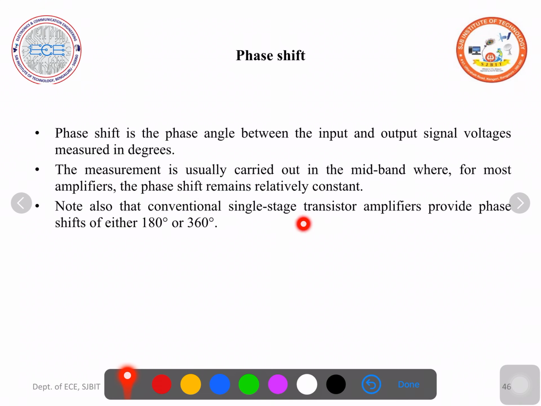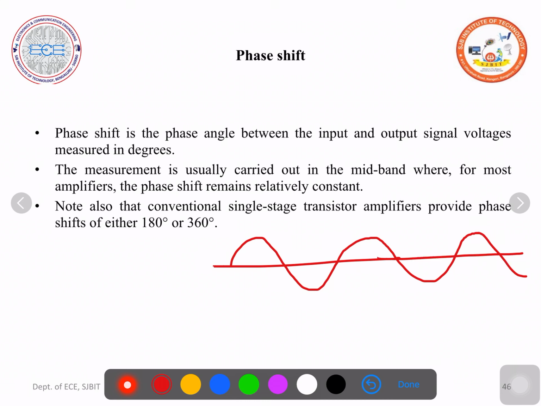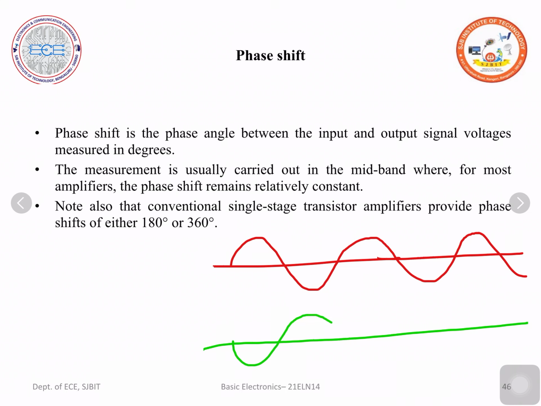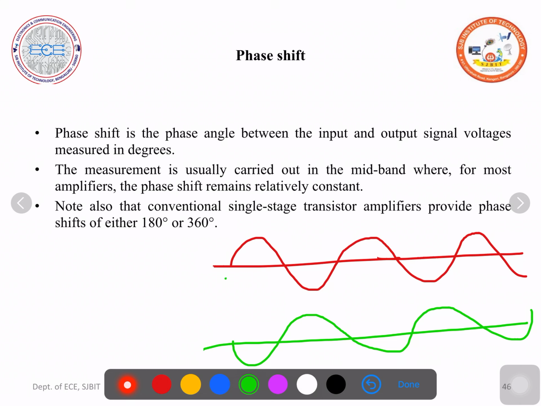For conventional single-stage transistor amplifiers, usually they provide a 180 degree phase shift. What do we mean by 180 degree phase shift? Let us assume the input signal is this one. If the output signal is something like this, so this is 0 degree, this is 180 degree, this is 360 degree, after which it repeats itself.